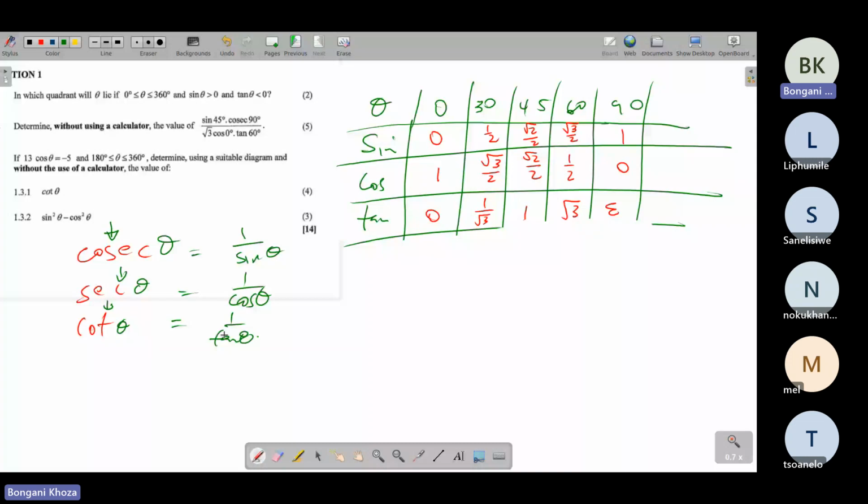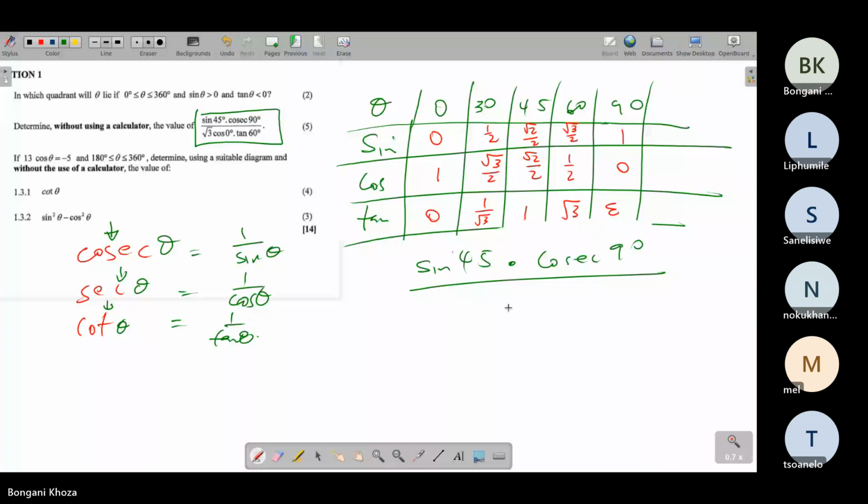Let's look at that information and try to solve it. We have sine 45 times cosec 90 over square root 3 cos 0 tan 60. Sine 45 is square root 2 over 2.